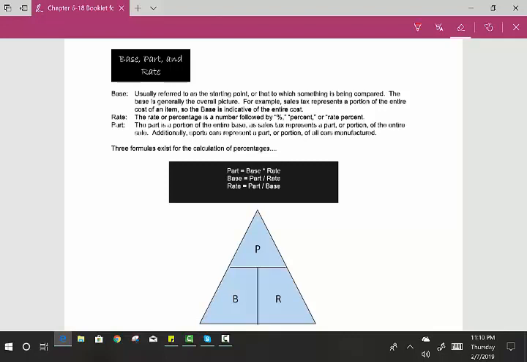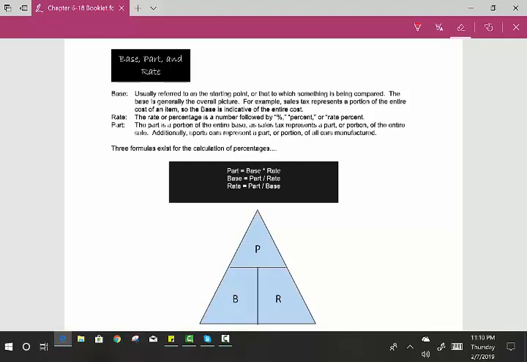First of all, base is usually the starting point, that to which something is being compared. The base is the overall picture. If you take a look at a pie, it's the whole pie. And then a portion of that pie represents the part, which is the third component. The part is a portion of the entire base. For example, a sales tax represents a part or a portion of the entire sale amount.